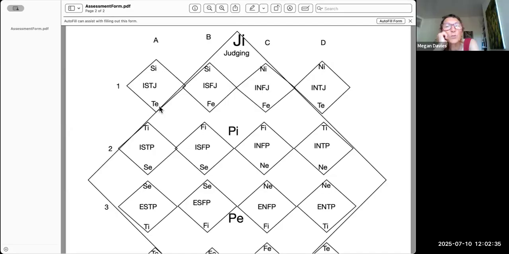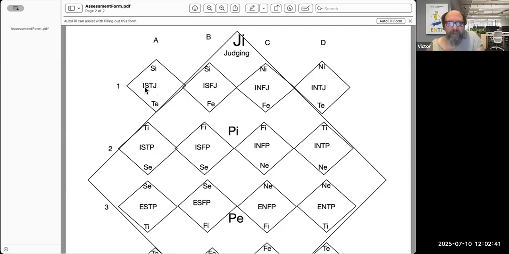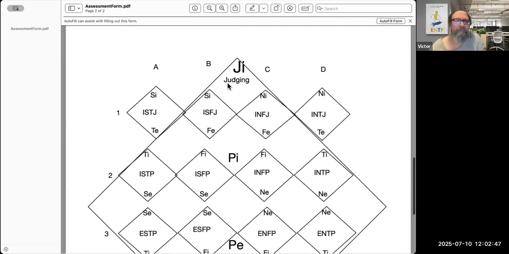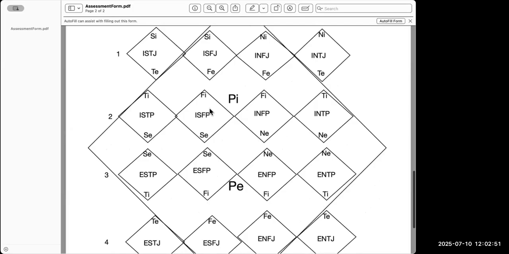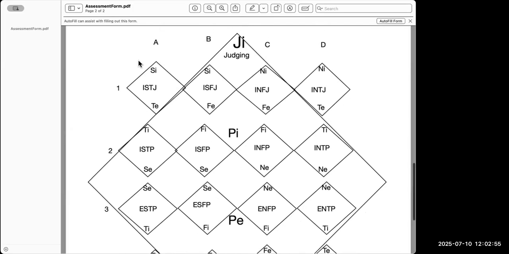But does the Myers-Briggs four-letter code always contain the dominant function? Yes, it always contains the dominant function and the auxiliary function. So the dominant function, you've got introverted, and then the dominant function comes second, and then the auxiliary comes third.